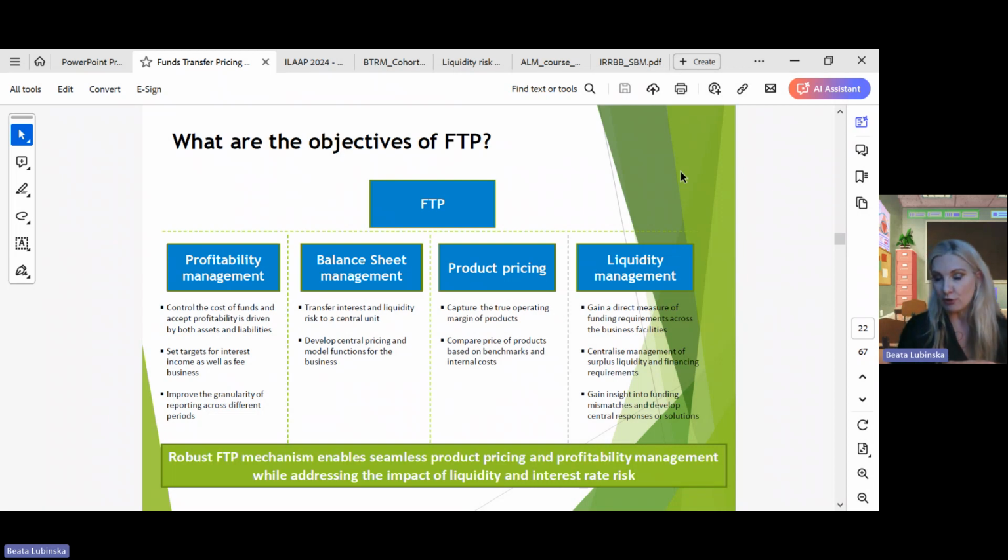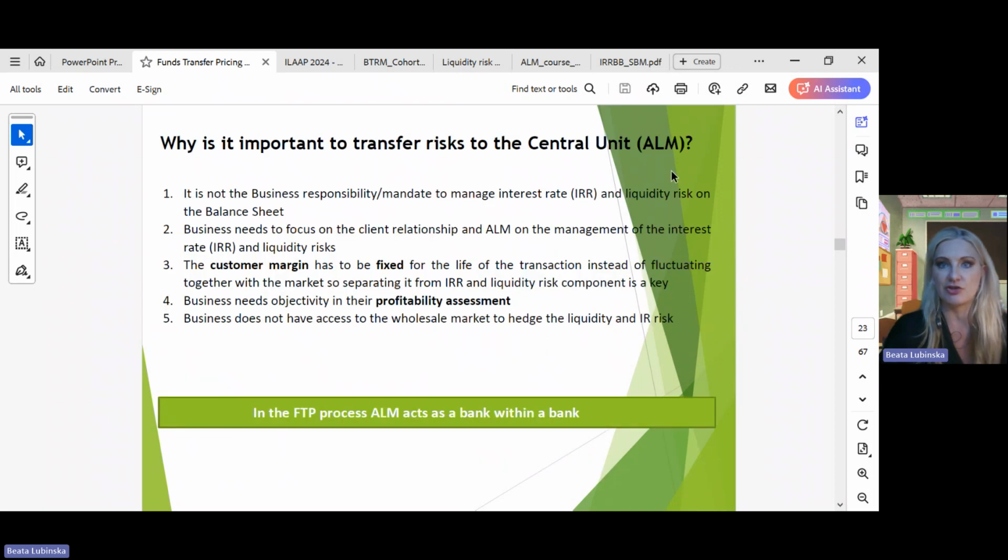You refer quite often to this component as TLP, term liquidity premium, because it is related to a particular tenor on the FTP curve, which will be charged or recognized, depending on whether it's assets or liabilities, to products. So this is a very important thing, which I just wanted to make sure of in this session.